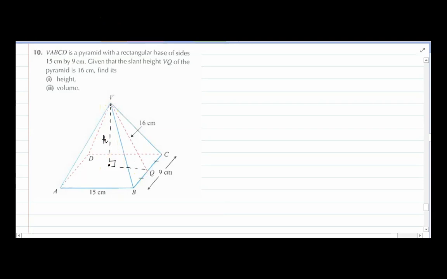So can you find out the value of height here? Try it by yourself, find out the value of height. Now, if you observe that you need to apply Pythagoras here, then you have done the starting part very well.